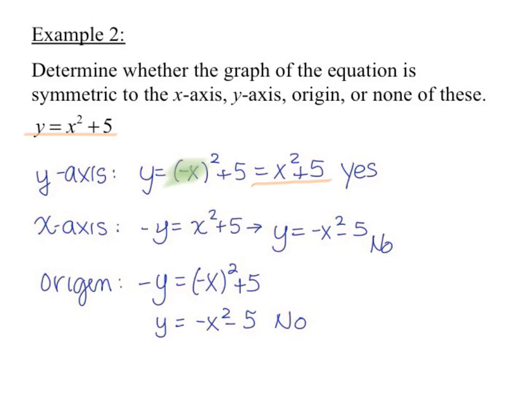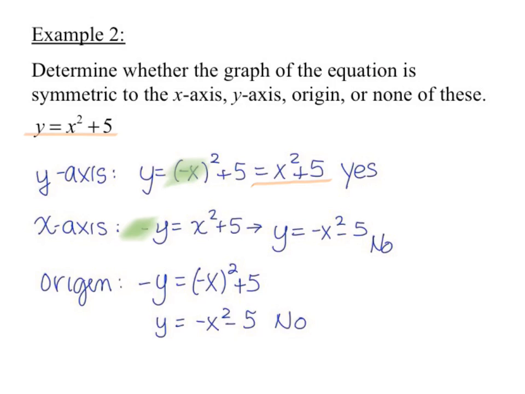X-axis reflection, again, you're going to replace this, put this negative in front of your y. And so you're going to multiply through now by negative 1, which will give you negative x squared minus 5, which is not the same as our original, so no, it's not symmetric about x.